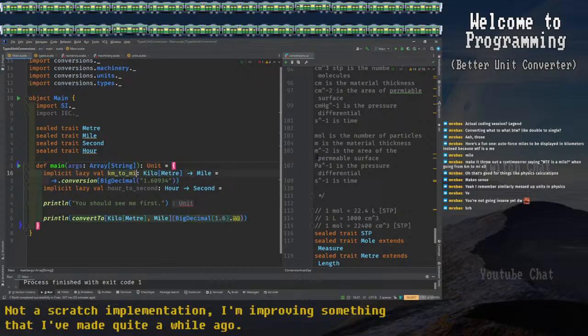Let's actually flip this over then. Yeah. Hour to second. Let's actually do hour. Yeah, hour to second.